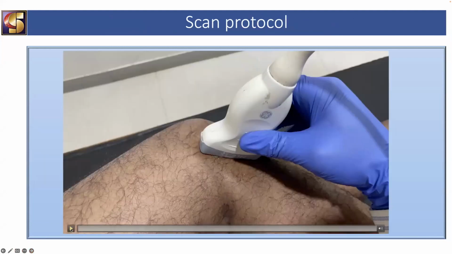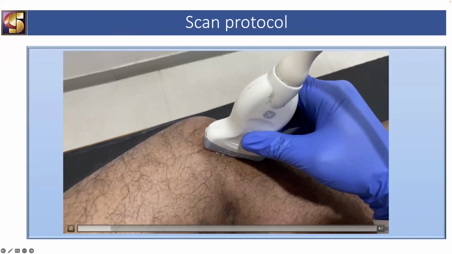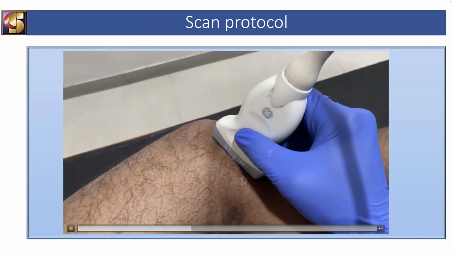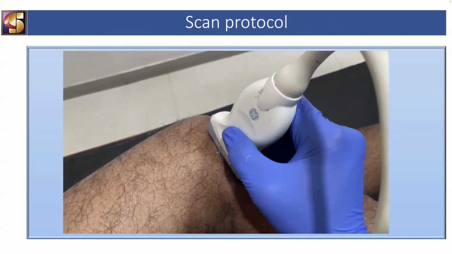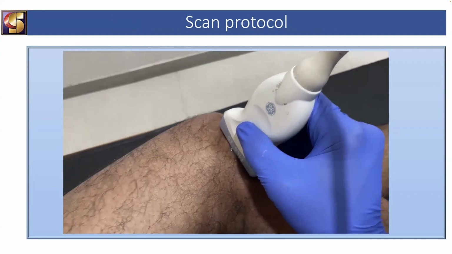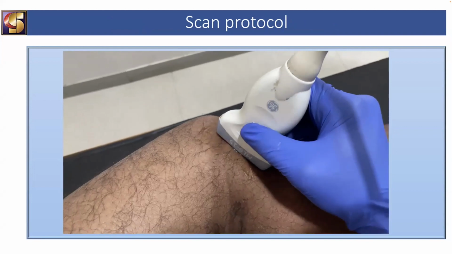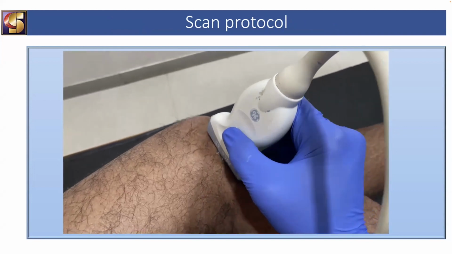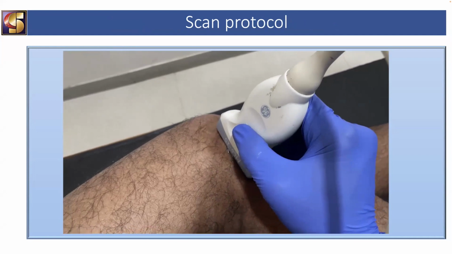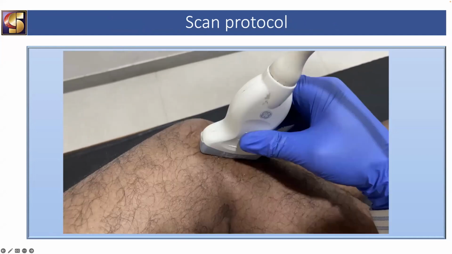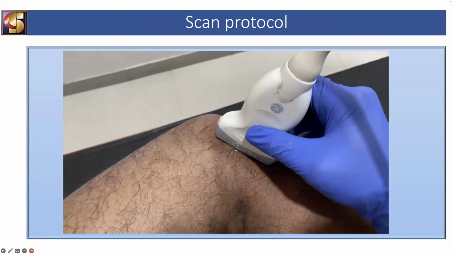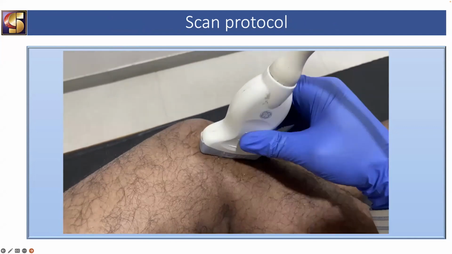So it's a small video. Here, after seeing in the short axis, we try to evaluate the entire tendon and the myotendinous junction in the long axis. We have to gradually rotate clockwise so that we can reduce the anisotropy and see the tendinous origin as well as the entire tendon.